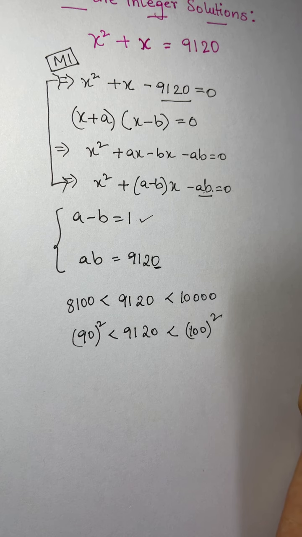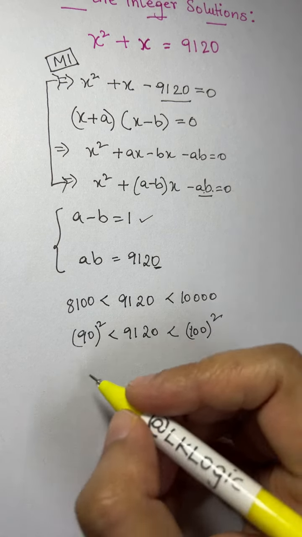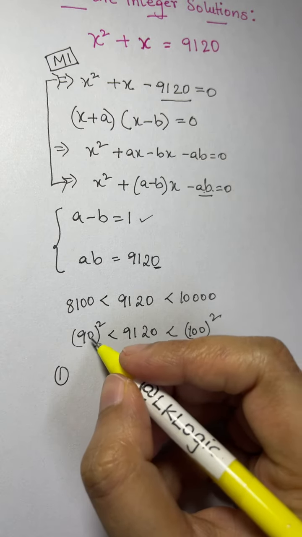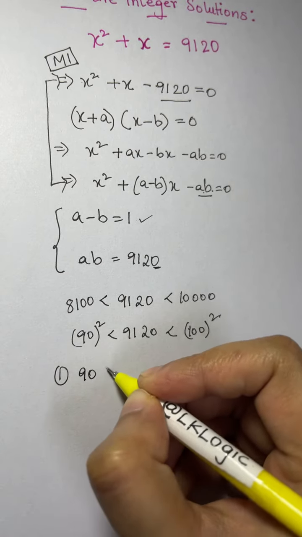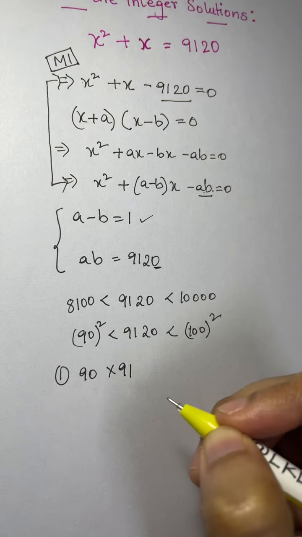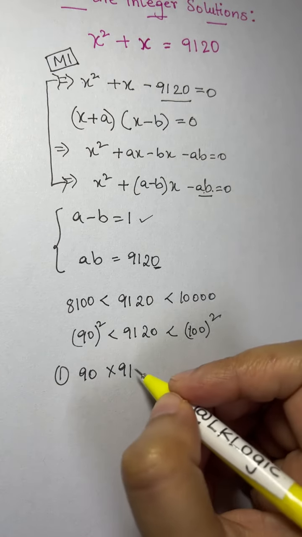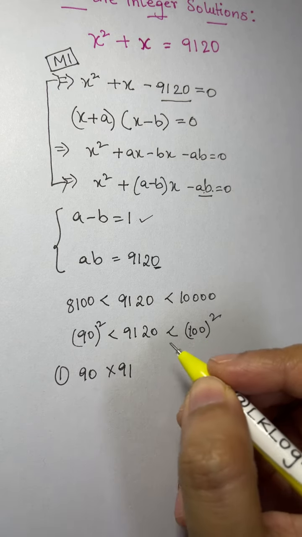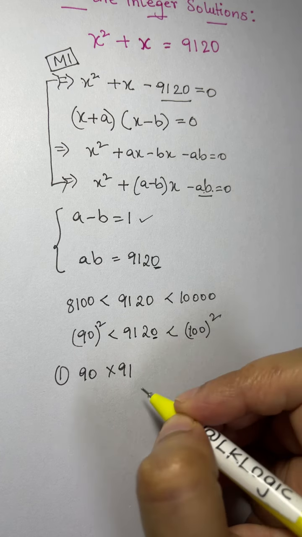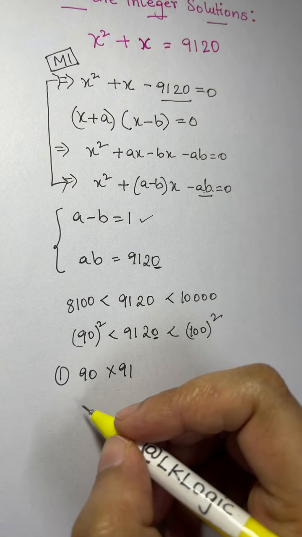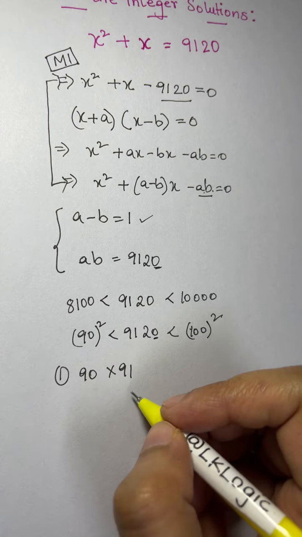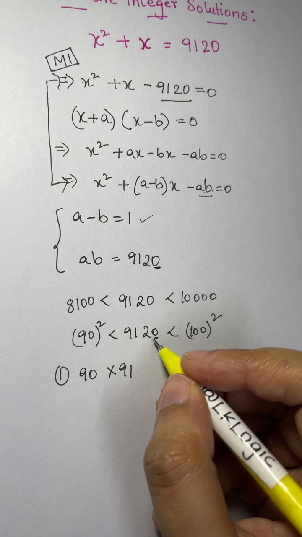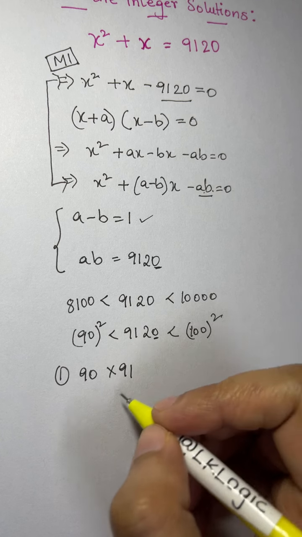So you can have four cases for that. Let's see what they are. You can have 90 and 91, because the last digit of the product will be 0. You cannot have 91 times 92, because the last digit won't be 0. Not even 92 times 93, or 93 times 94.